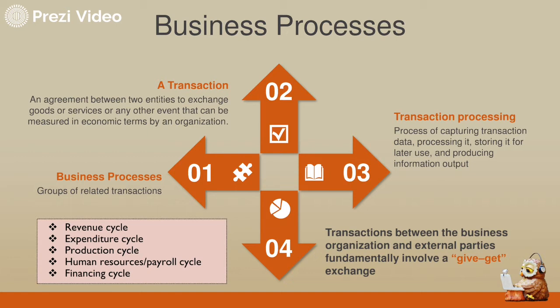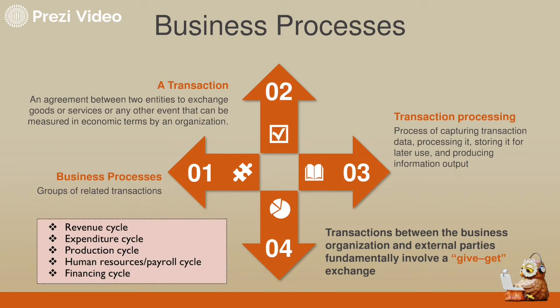Alright, and then we talk about transaction processing, because we mentioned just now they can be grouped into 5 business processes, or transaction cycles. Transaction processing is the process of capturing transaction data, processing the data, storing data for later use, and producing information output.